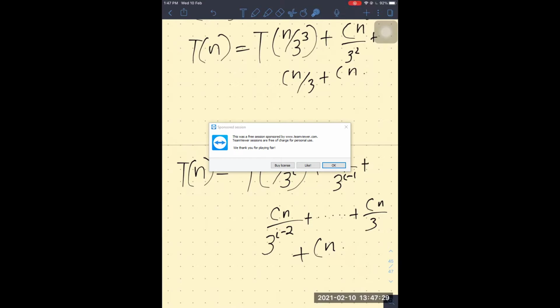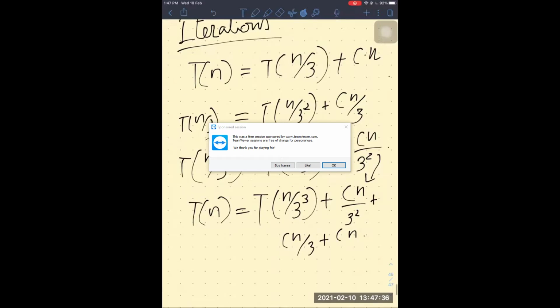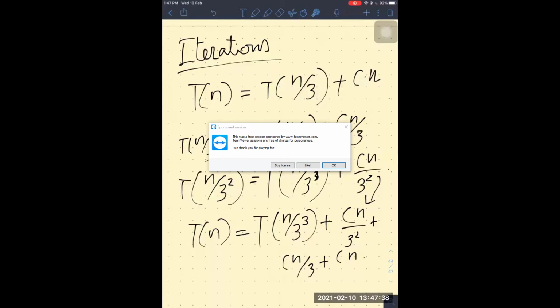In the fourth line, how did you bring the T of n again? Okay, so we are putting the value from these two equations into the first equation. Then we get this equation.